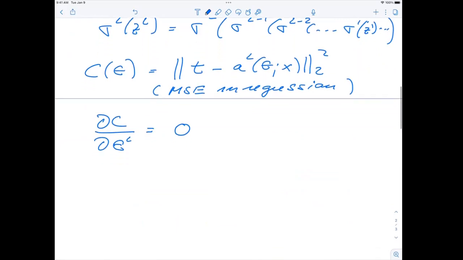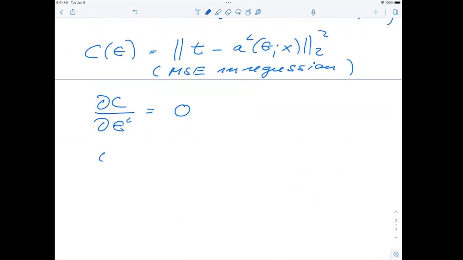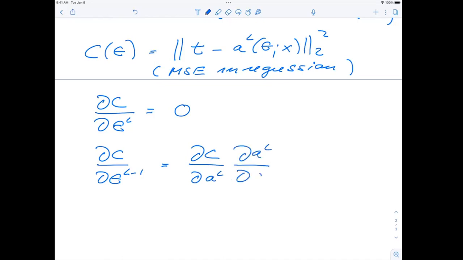Now, we can then calculate the gradients because we're going to update all the parameters. So if we now look at the previous layer, we would now have dC/d theta of L-1, and we can then use the chain rule to rewrite this in terms of the parameters which we have. So we would have a parameter A of L here, dA of L, and d theta of L minus 1.